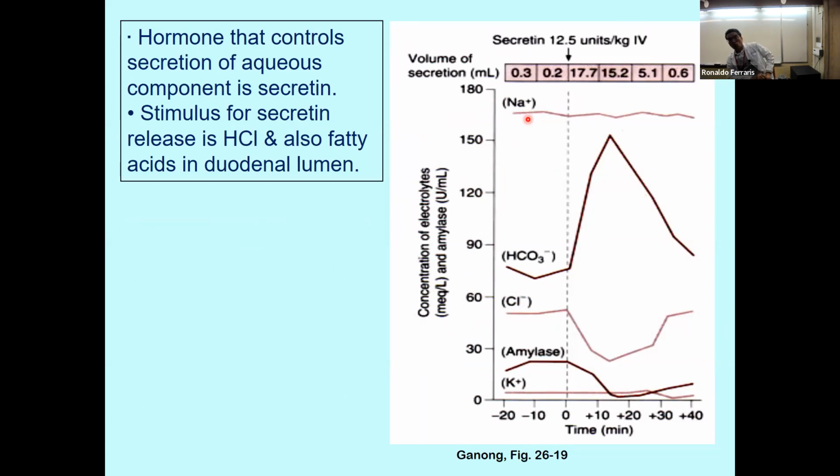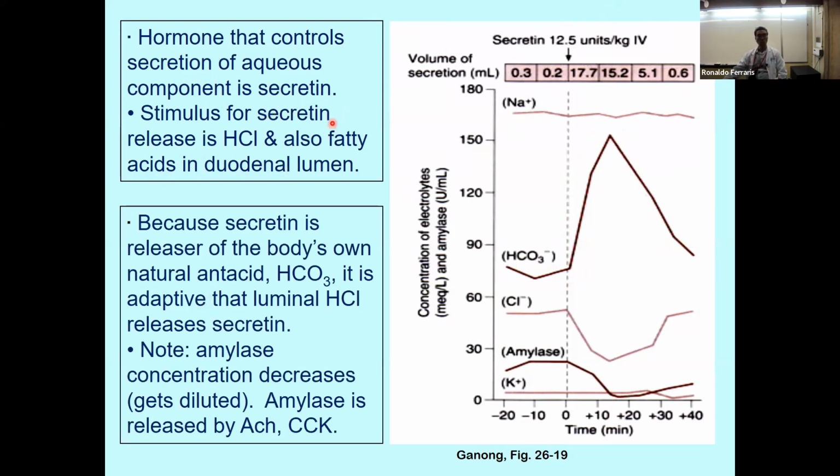So the moment secretin is injected into this volunteer, you have a 100-fold increase in volume of pancreatic secretion. So secretin is a very potent releaser of bicarbonate secretion. Not only do you have an increase in volume, you also have an increased concentration of bicarbonate.